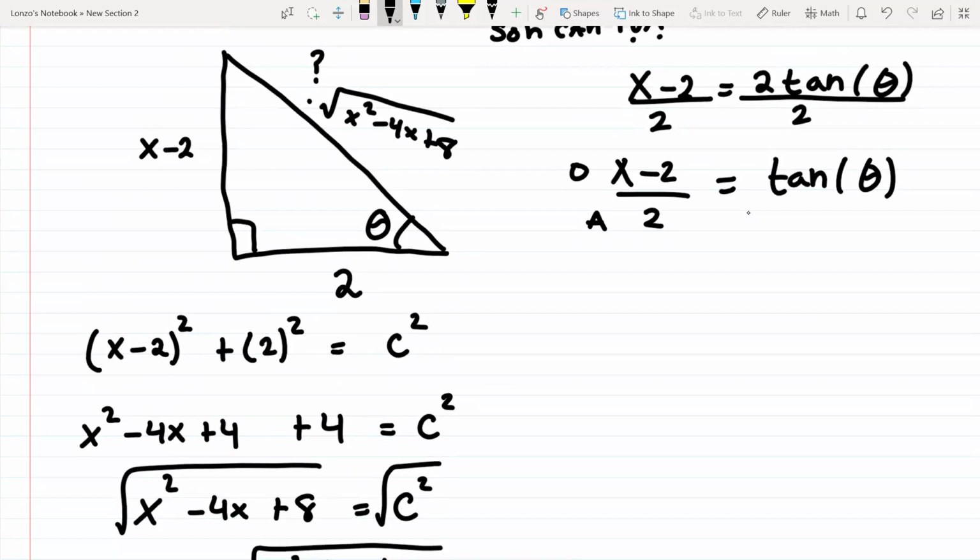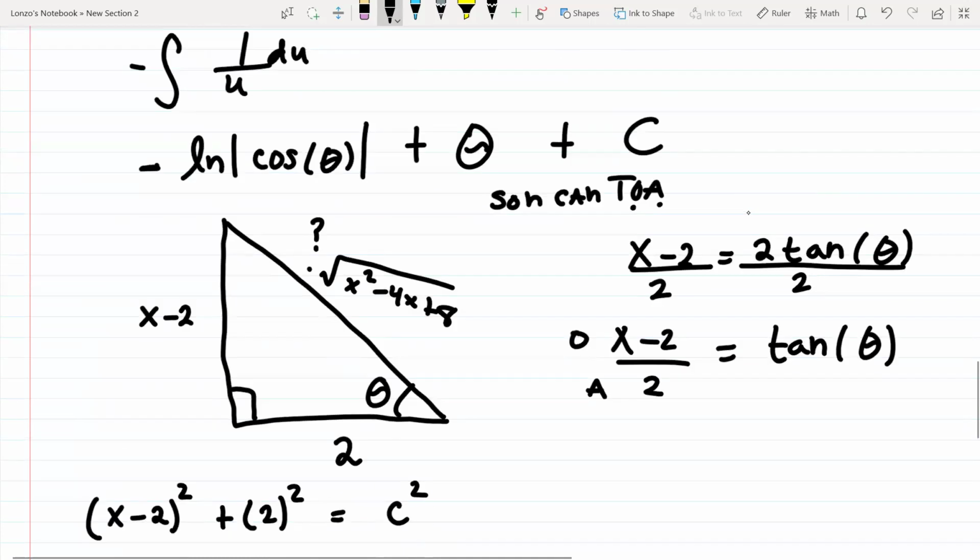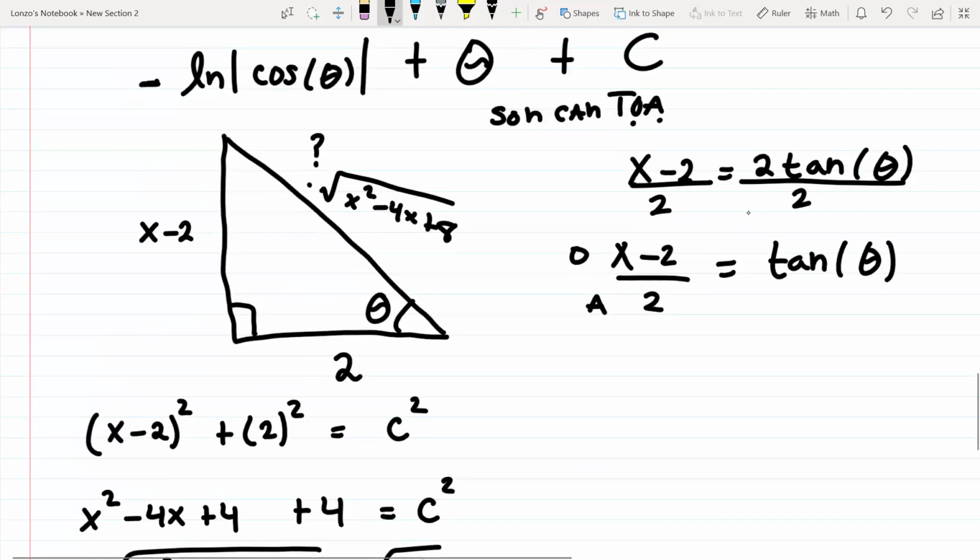Okay, so what did we need? We need to find cosine theta and theta. So let's find cosine theta real quick. Cosine theta is adjacent over hypotenuse. So our adjacent side is 2, and then my hypotenuse is that whole thing.